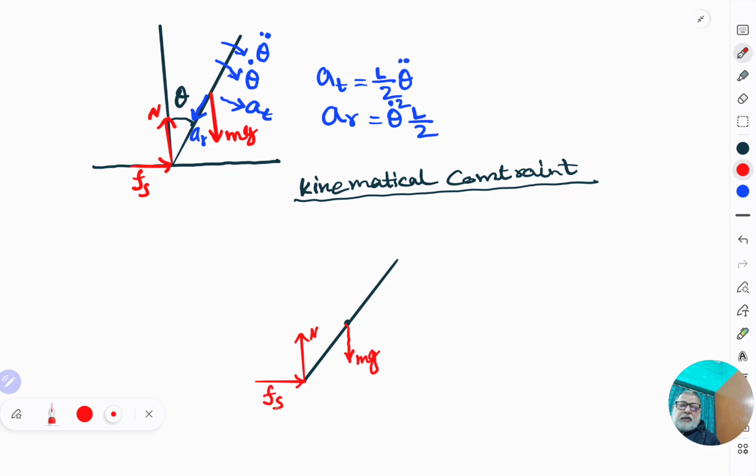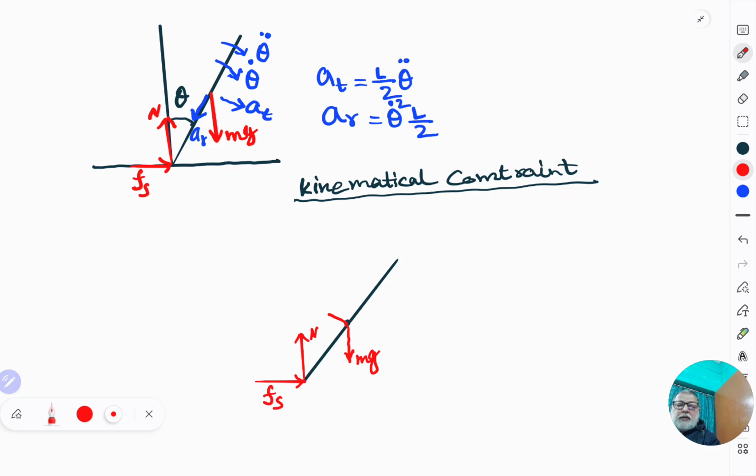Besides these real forces come into play the pseudo forces, and a pseudo force is mass into the acceleration of the frame of reference, and therefore the two pseudo forces that come into play are in the opposite direction to the acceleration, of course, by the definition of pseudo force.